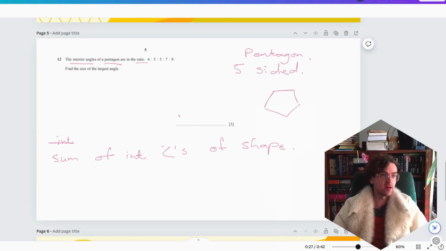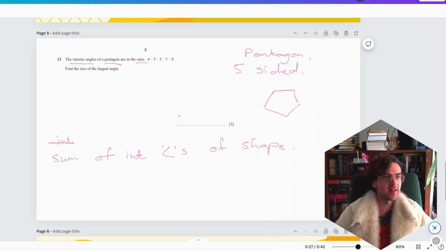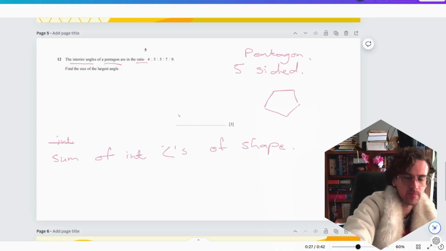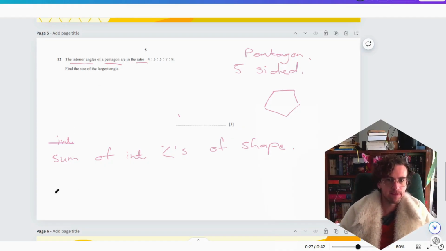Because a square adds up to 360. A triangle adds up to 180. So what's our next one?